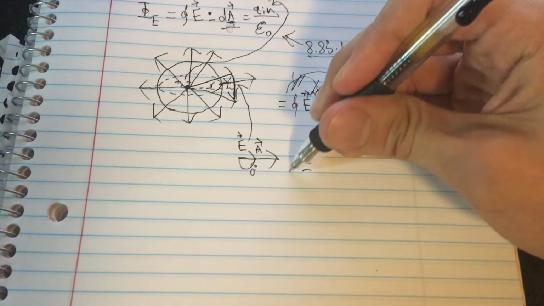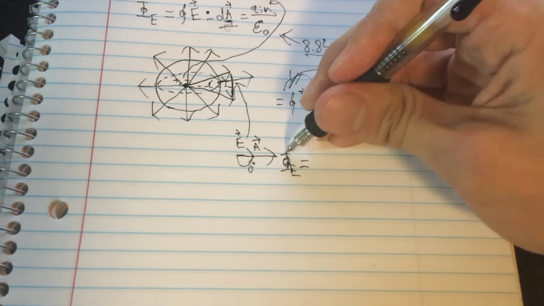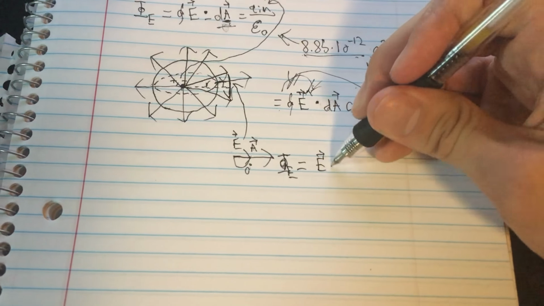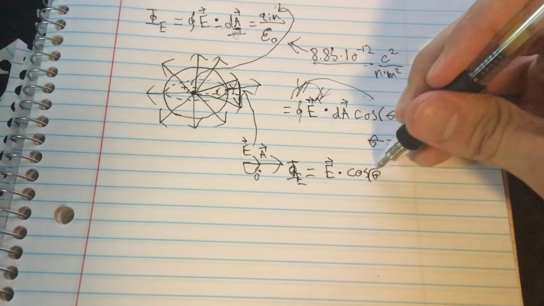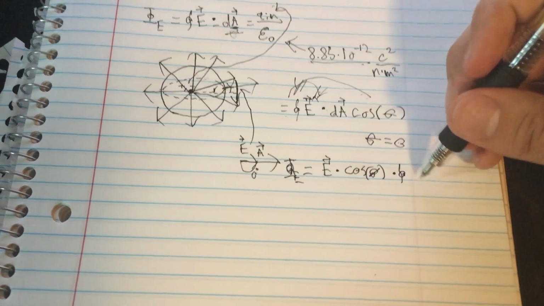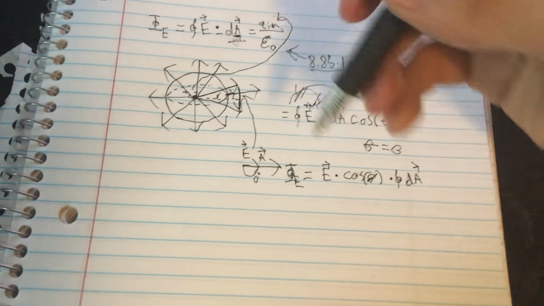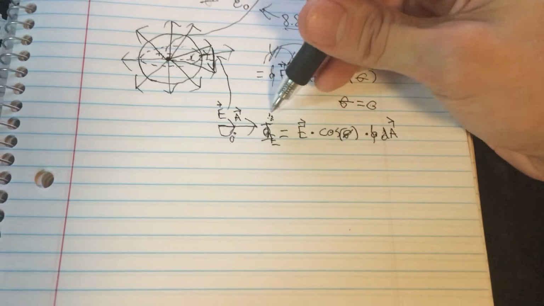So we get that our electric flux is equal to E times cosine of 0 times the closed integral of dA. Well, let's clarify something really quick. Electric flux is not a vector.